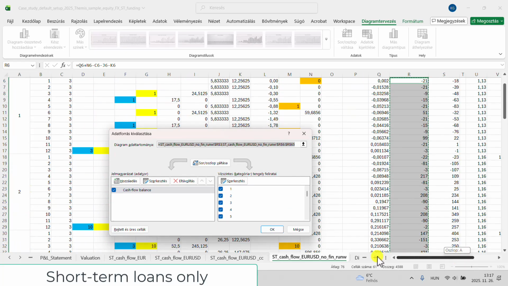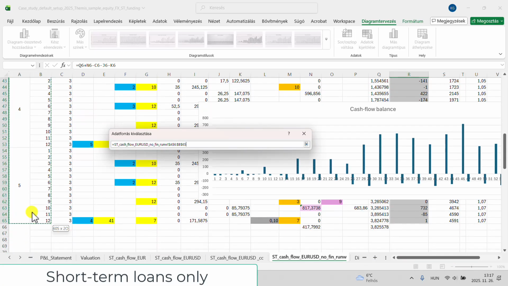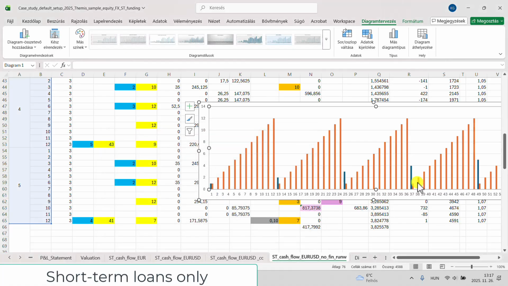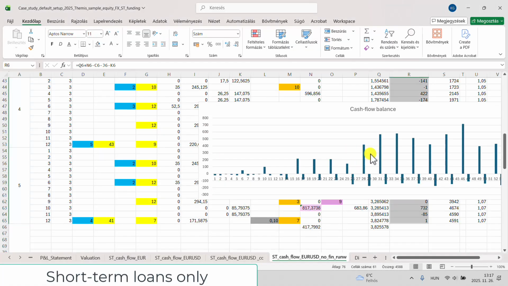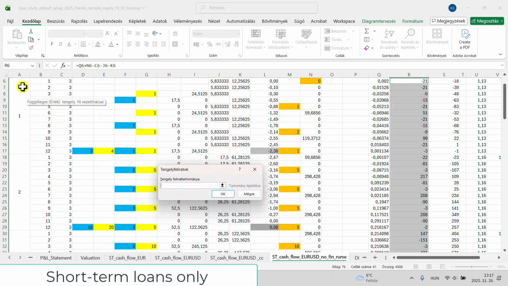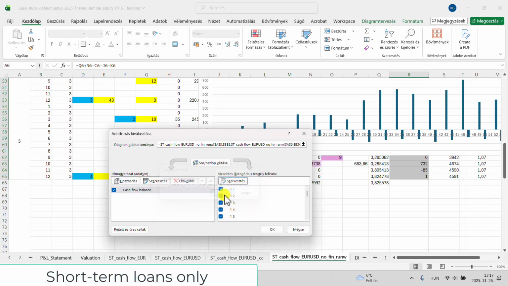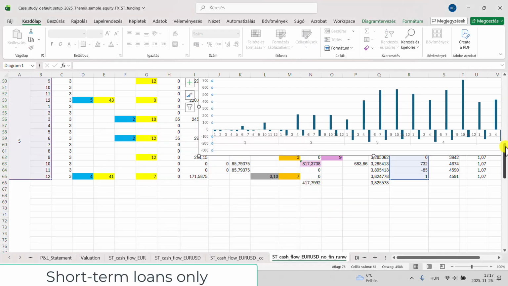Also, let's add the dates. I updated the wrong one. Yes.